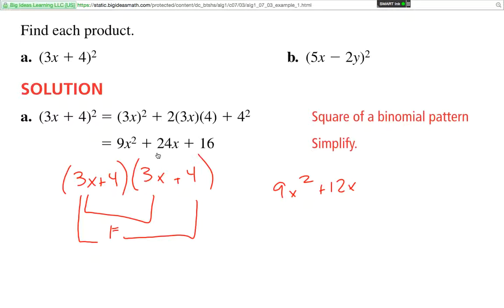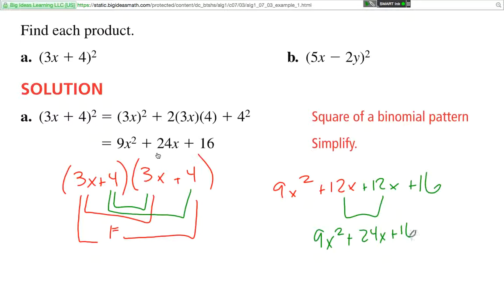Let's do our inners: the 4 and 3x, again another 12x. And then we have our last, 4 times 4 is 16. When you combine these like terms, you should notice that we get the exact same answer. Just one of those special cases that makes it go a lot faster.